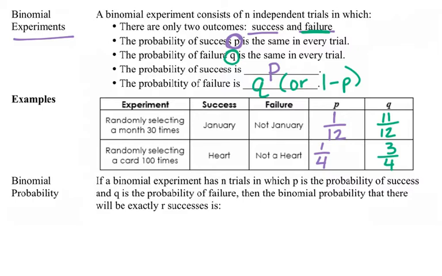Okay, so here is the formula. If a binomial experiment has n trials, and I'm going to just use some different colors, in which P is the probability of success and Q is the probability of failure, then the binomial probability that there will be exactly R successes is, and this is really crazy, so I'm going to pause the video and I'm going to color code it for you.